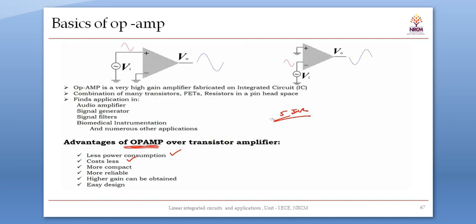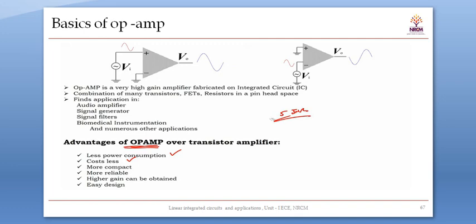The cost is less as the ICs are manufactured or fabricated in large scale, then the cost of IC is going to reduce. Therefore, the cost is also less. It is more compact, means in less area it is going to occupy than the transistor amplifier.